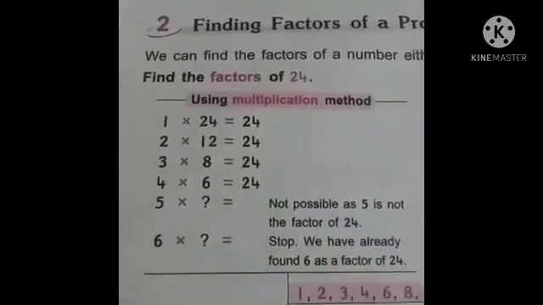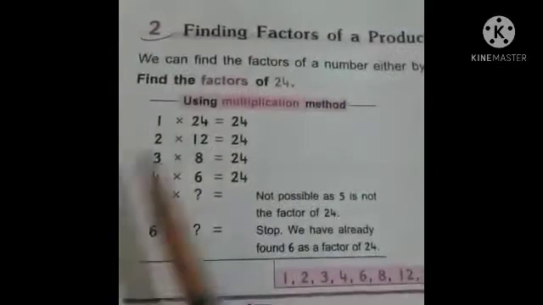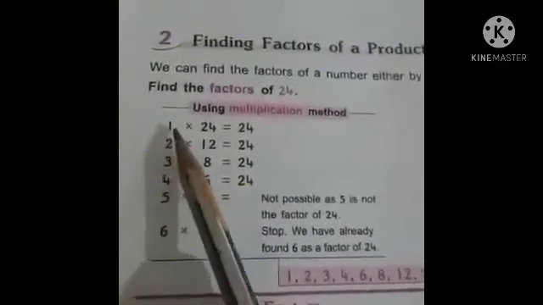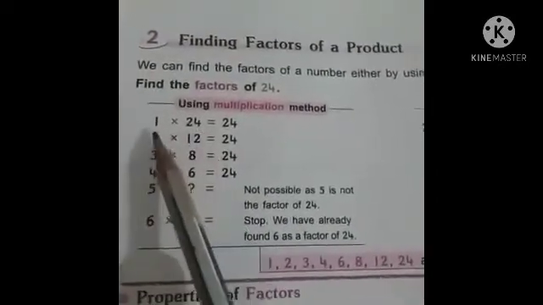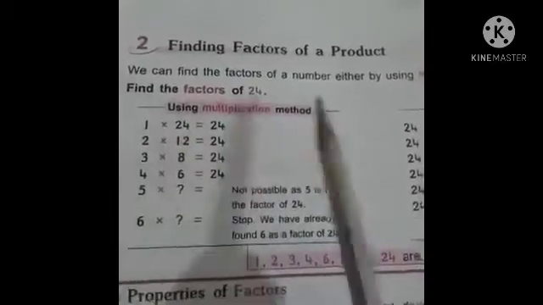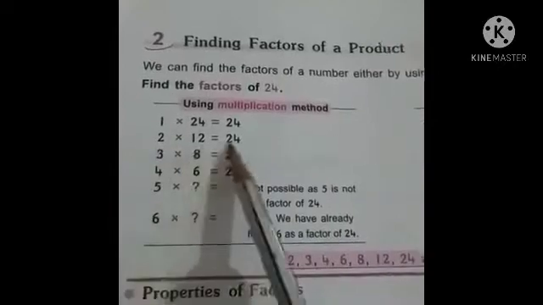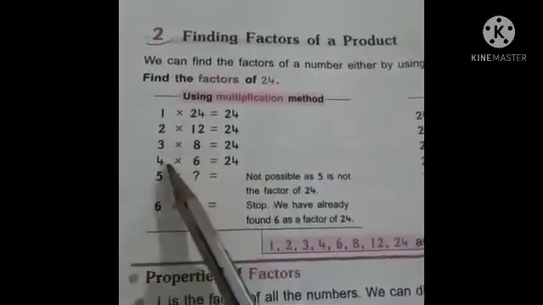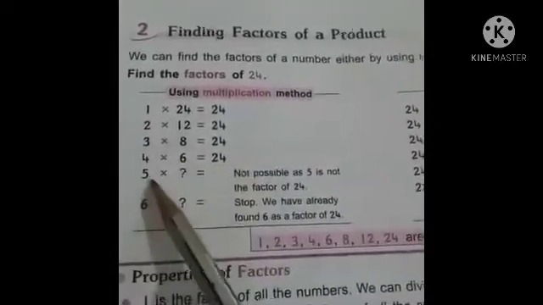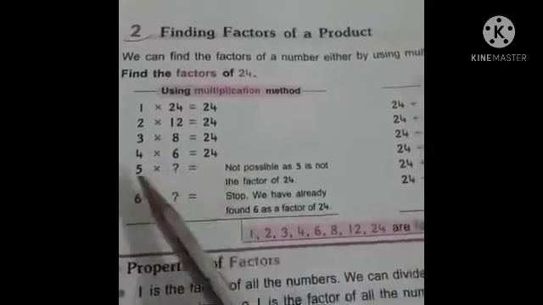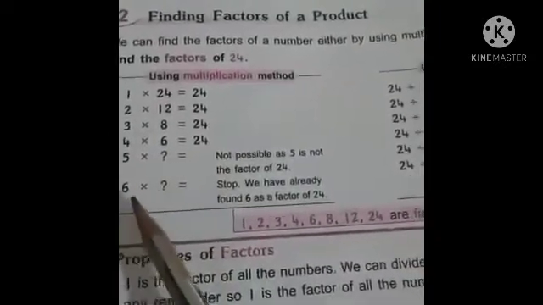Find out the factors of 24. One is a factor of every number. One is a factor of each and every number. 1 24s are 24, 2 12s are 24, 3 8s are 24, 4 6s are 24. Is 5 there in the table of 24? No. Is 6 there in 24?